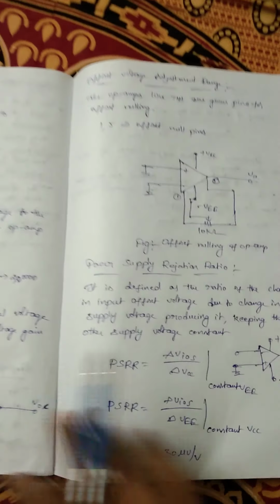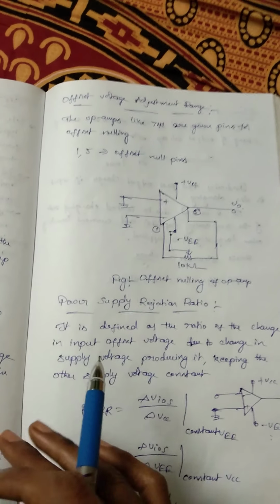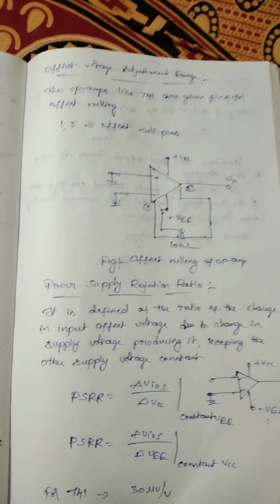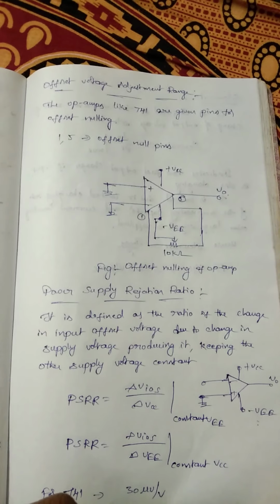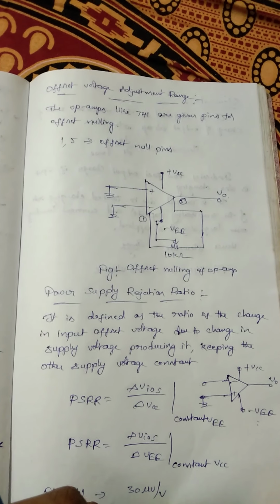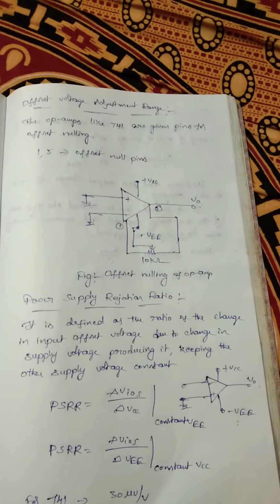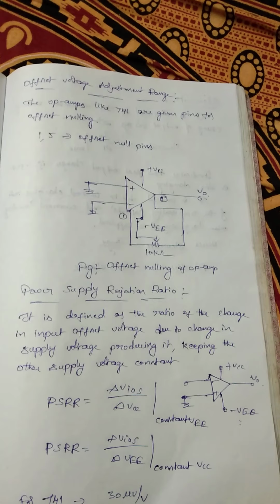And the next one is offset voltage adjustment range. Normally op amps like 741 are given pins for offset nulling. For the 741 IC, the offset null pins are pins 1 and 5, and these two pins are used to nullify the output. How do we nullify the output?